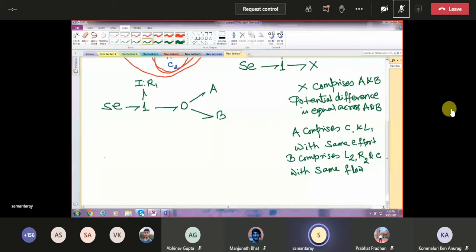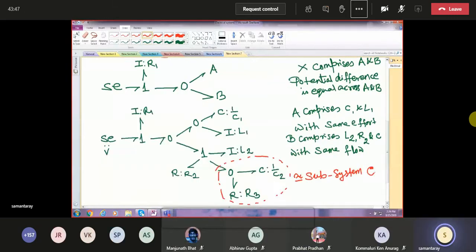I is L1. Then we have B. B has the same flow. I is to L2. Then you have R is to R2. So this is very easy.